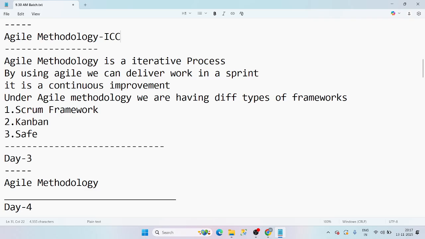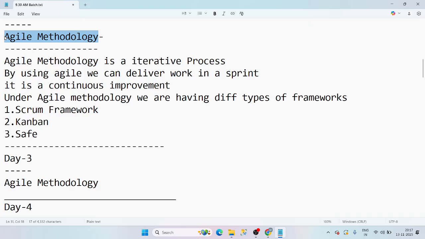Under this board, we have many teams, guys, like the Punjab team, the international cricket team, Group A, Group B, under 19, under 21. These are all called teams. ICC is the board. What is ICC doing? ICC is maintaining all the boards by keeping some rules and regulations. Here also in the IT industry, this board is nothing but Agile methodology, guys.